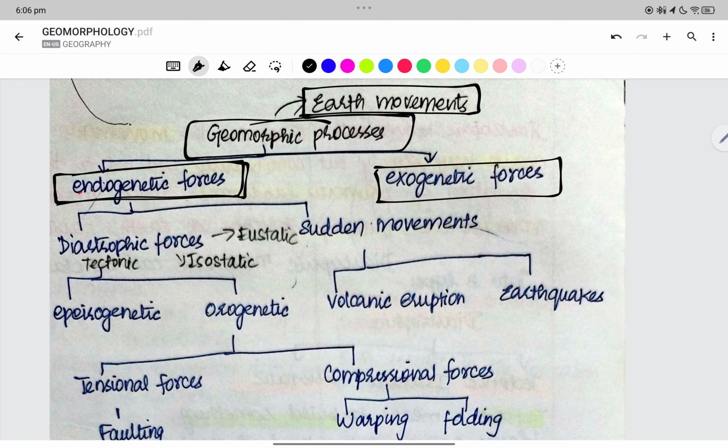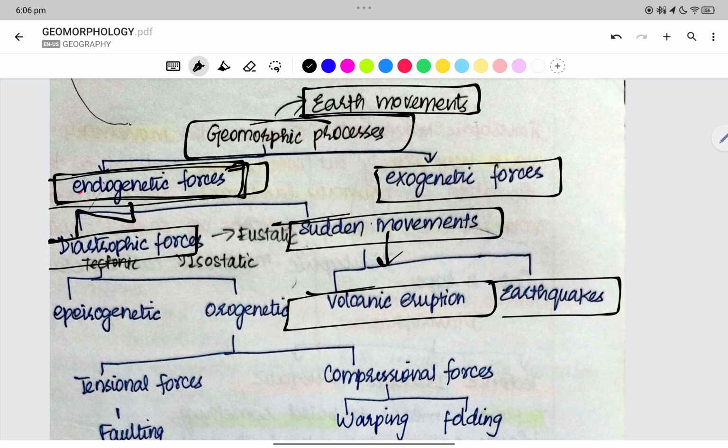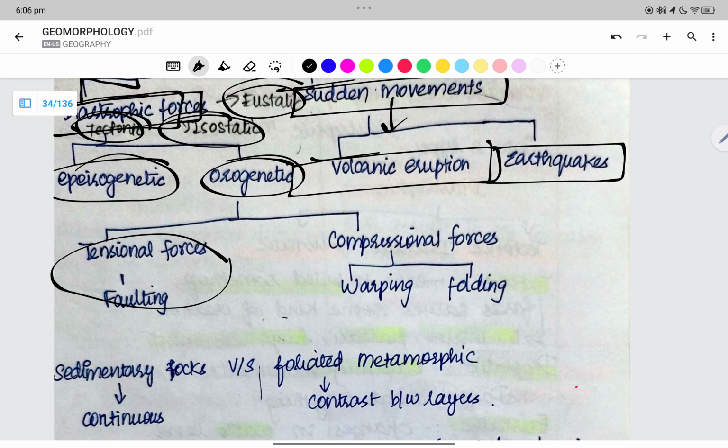Endogenetic forces are diastrophic forces and sudden movements. In sudden movements, we have volcanic eruptions and earthquakes. In the diastrophic forces, it is tectonic, isostatic, and eustatic. Further, epirogenetic and orogenetic. Orogenetic is tensional forces and compressional forces.